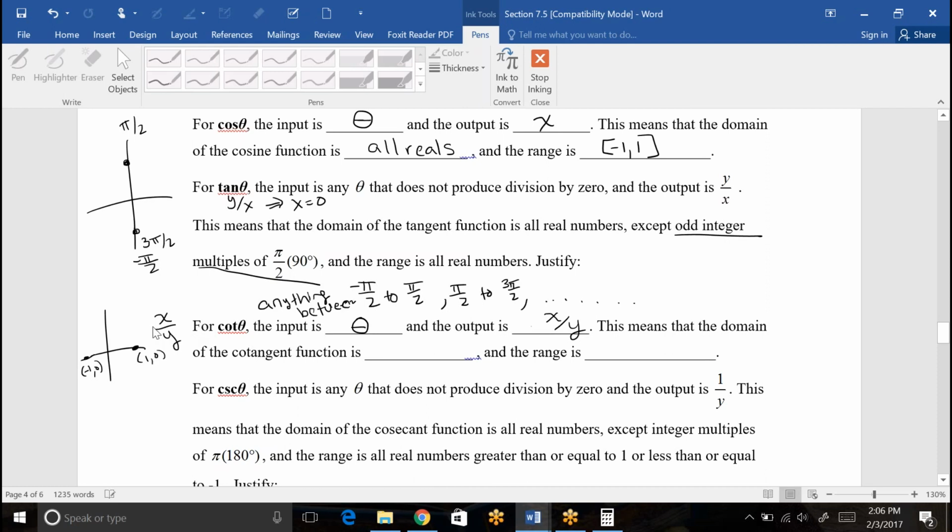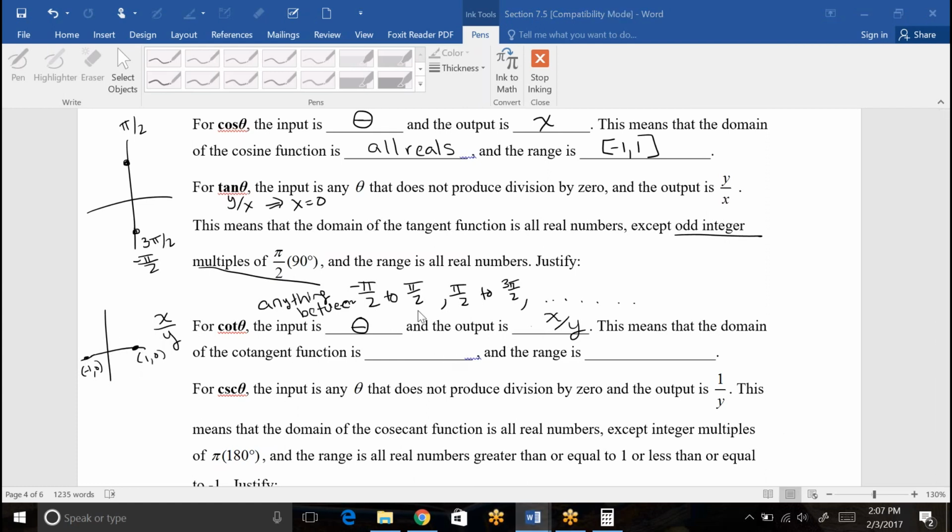But for the cotangent function, you have to stay in, how do we want to say this, it's anytime you're between 0 to pi or pi to 2 pi, as long as you're not hitting those points where you're on the x-axis, you're fine.